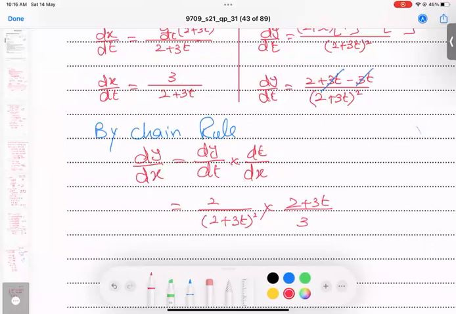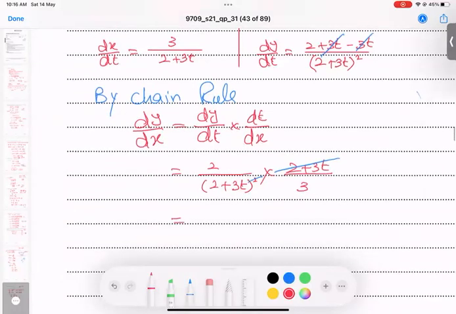Naturally this is the same, but only the power 2 is there, so this will fully cancel with the power. So I'm getting ultimately the derivative 2 over 3 times (2 plus 3t). This is the derivative I'm getting finally.